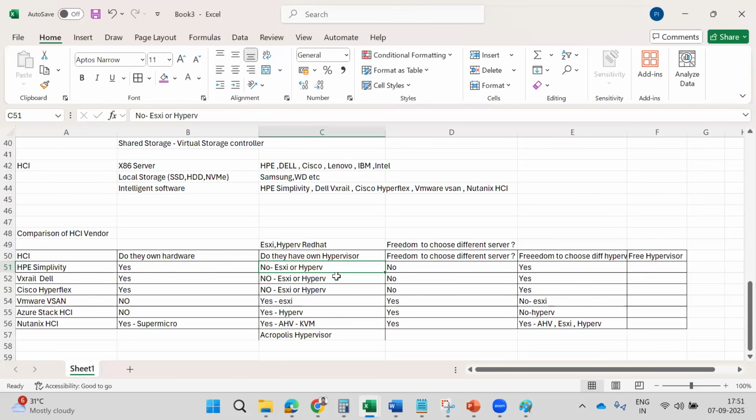You know that recently Broadcom acquired VMware, and after that they also increased the licensing cost. Because of that, a lot of customers are migrating from VMware to Nutanix. So the answer for free hypervisor is no, because HPE has no own hypervisor. They depend on VMware and Microsoft Hyper-V.